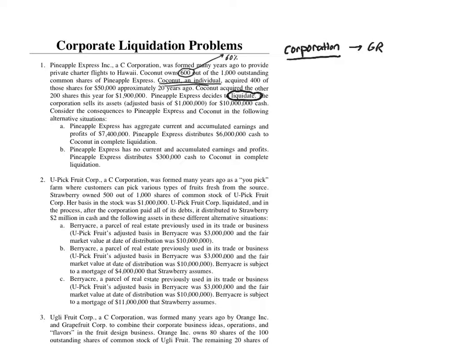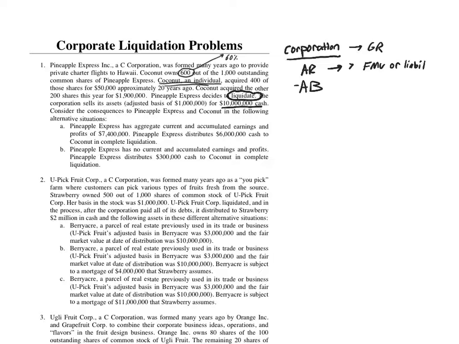So for the corporation, all we're going to do is take amount realized minus adjusted basis. The amount realized is the greater of the fair market value or any liability relief. There's no liabilities in this problem. Therefore, we use the fair market value of the property. So the corporation sold its assets for $10 million, and it's going to distribute the cash to the owners, to Coconut and its other owners.